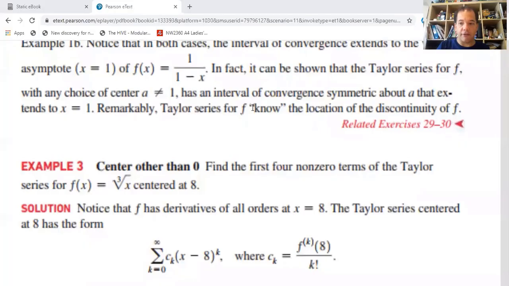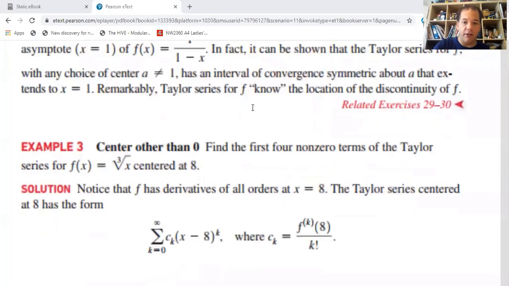So next example. Sometimes the examples are like this one here. This example number 3, they're not asking us to get the entire Taylor series. That may be too difficult at this point. Maybe we don't know how to get it. So sometimes the problems are like this, where it says, get the first 4 non-zero terms.